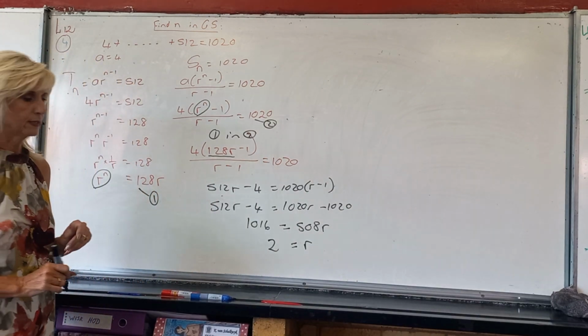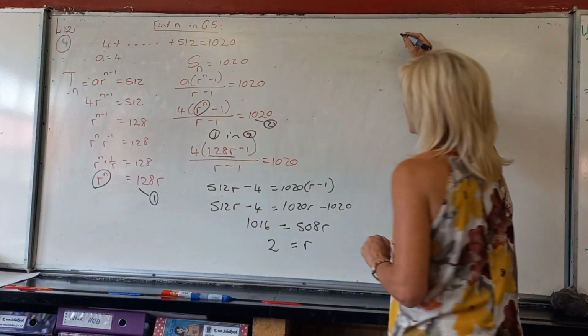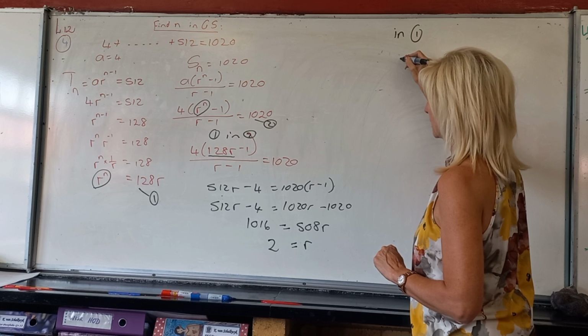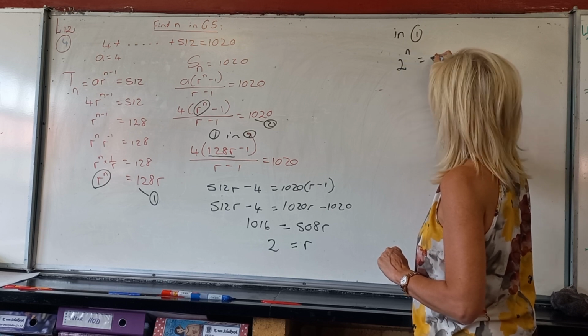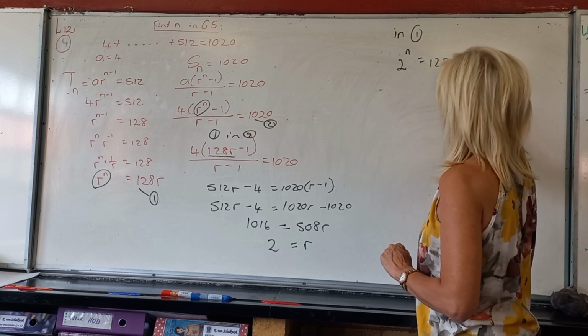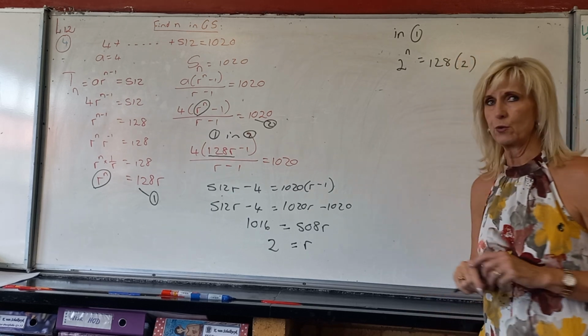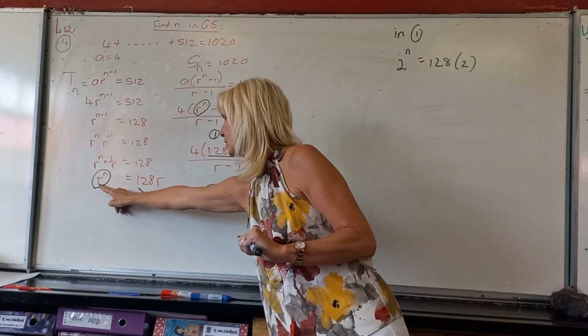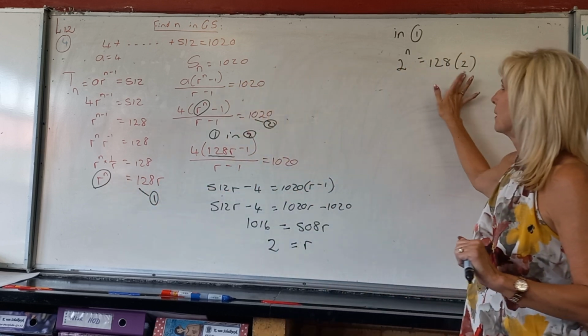I've got R, I still need N. So we go to which one? Any one you like. So 2 to the N would be equal to 128 times R, which is, so are you with me here? So I'm substituting my R with a 2 there and a 2 there.